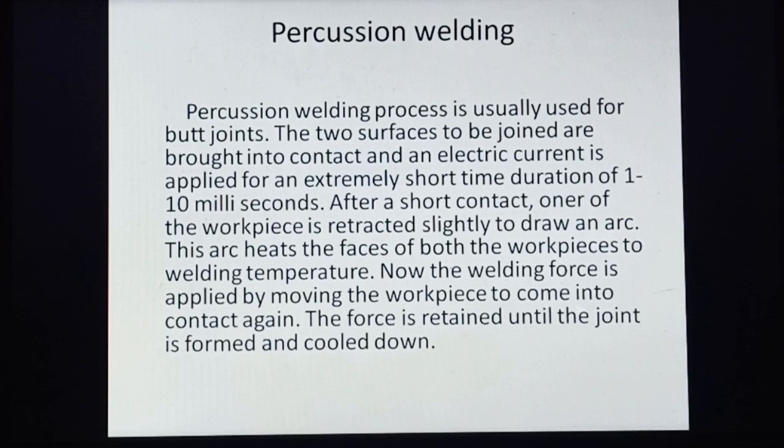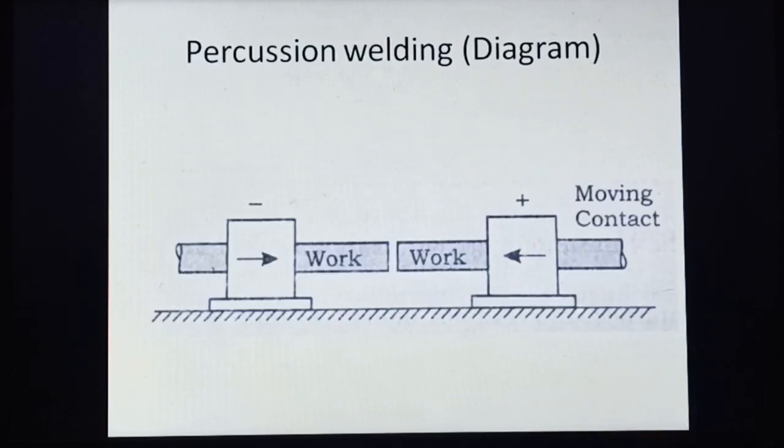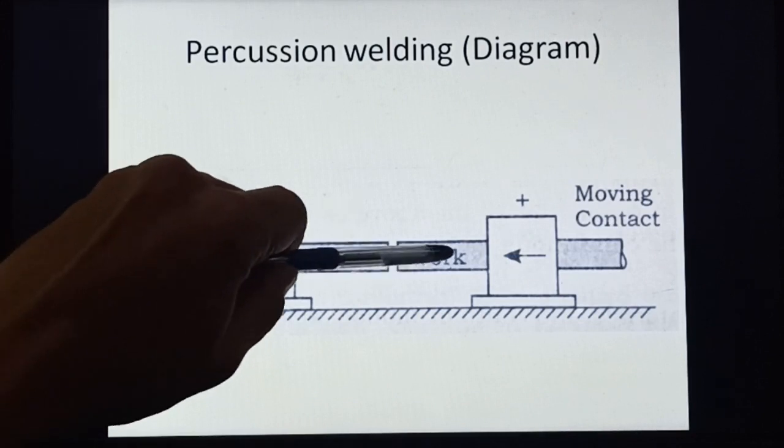Now the welding force is applied by moving the workpiece to come into contact again. The force is retained until the joint is formed and cooled down. This is the diagram for percussion welding. This is one workpiece and this is another workpiece.